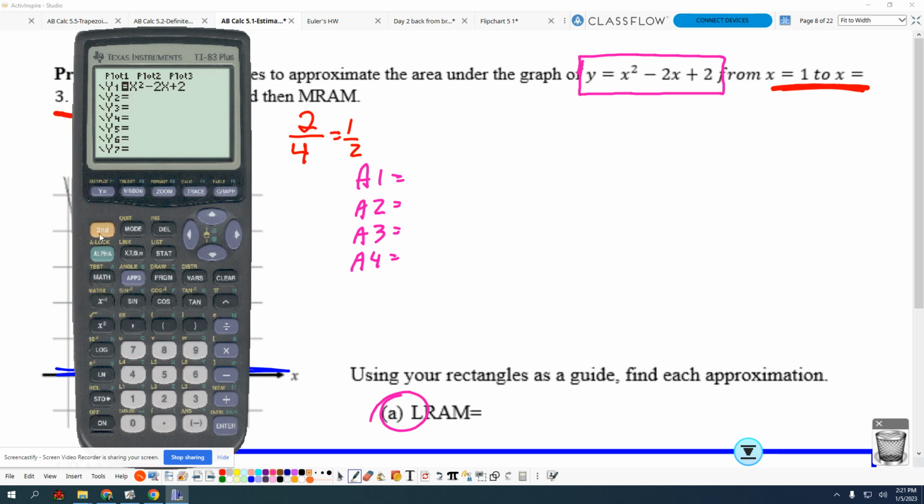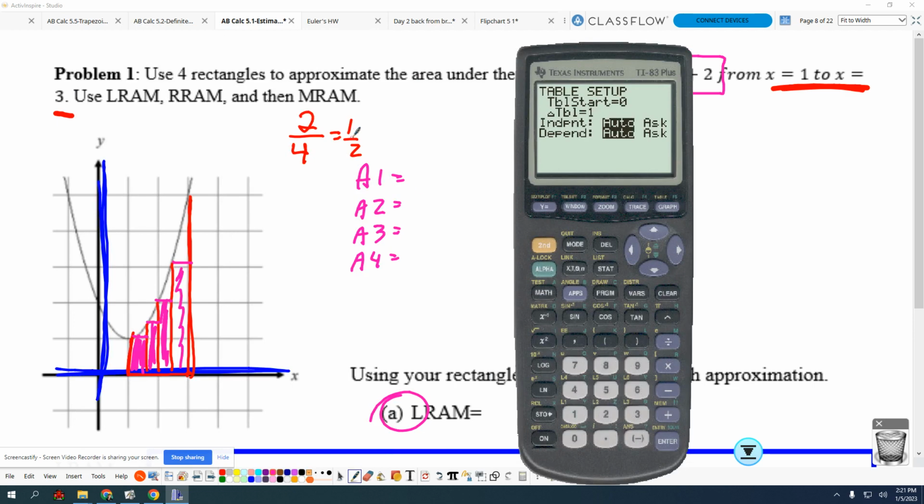No? Okay. Above window is that little yellow, it says TBL SET. Hit the second table set, starting at 0. What does delta mean, that little triangle? Change over time. So I wanted the steps to be, you guys told me, 1/2. So if I put 0.5 in there, and now if I go to second graph, that'll show me the table.